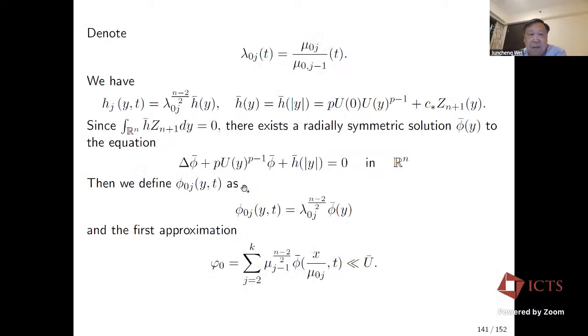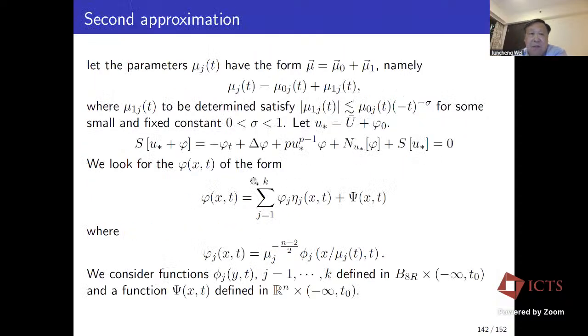Okay, so this is the whole procedure, but the rest of it is very complicated because we are doing this bubble tower. I will show you that this procedure also works for the bubble tower, not just for one bubble.